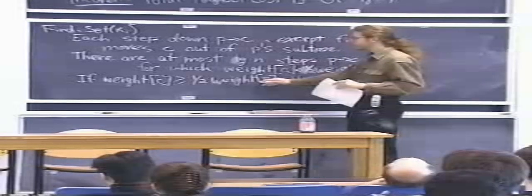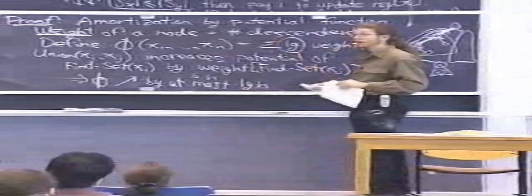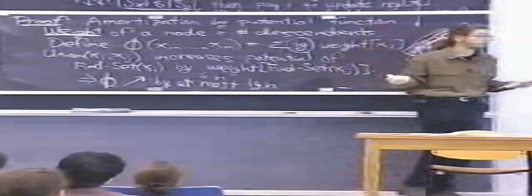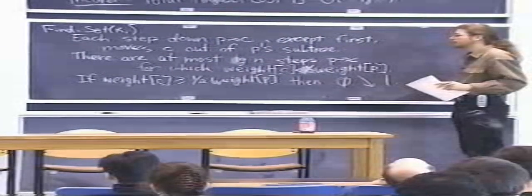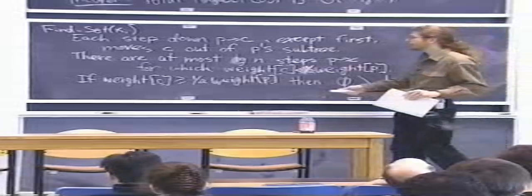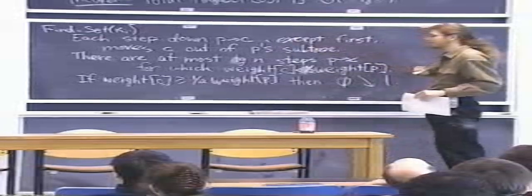So that means the weight of P goes down by a factor of 2. And what I care about here is log of the weight. So that means the log of the weight goes down by 1. So the potential function goes down by 1. Well, that's good, because that's what I needed to pay for. Okay, I'm paying for these steps. The cost of my algorithm is proportional to the number of steps.